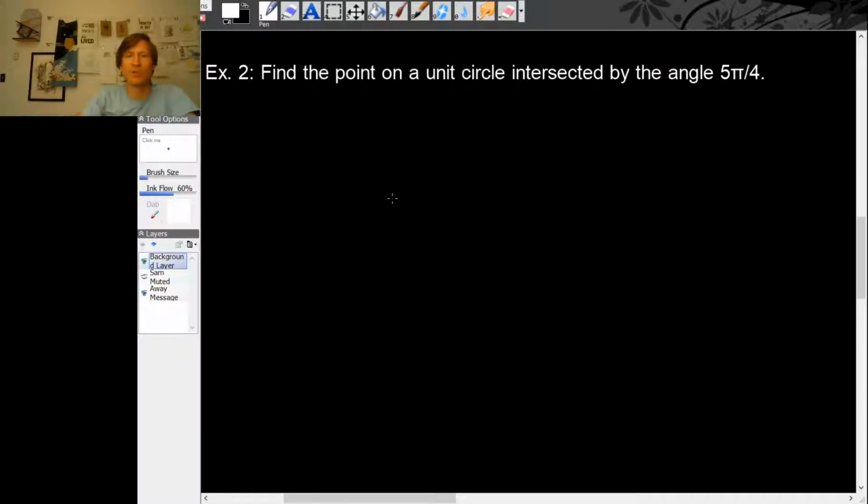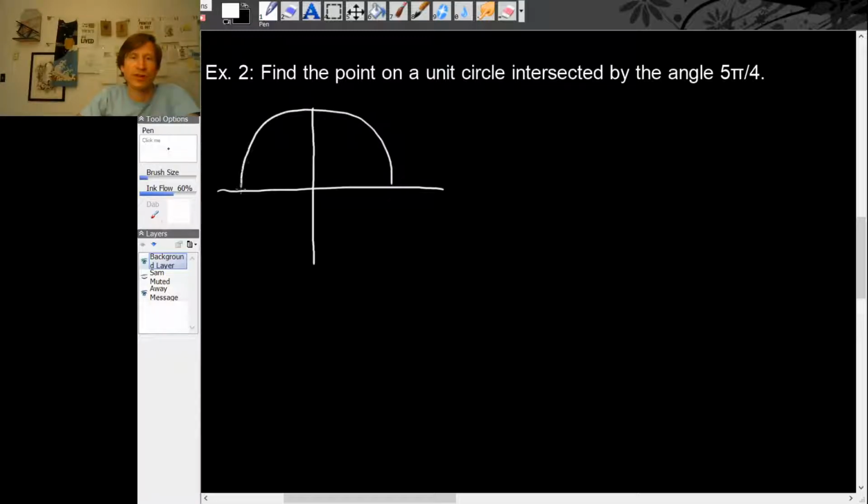So let's find the point on a unit circle intersected by the angle 5 pi over 4. So let's draw a circle again, and we'll make it a unit circle. 5 pi over 4 turns out to be over here. And the radius of this circle is going to be 1.